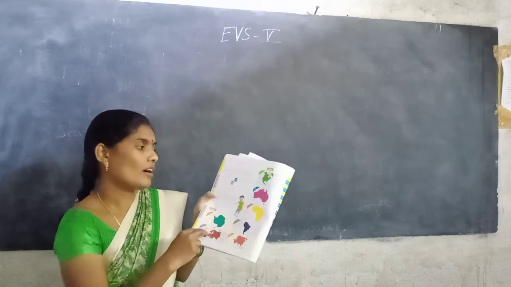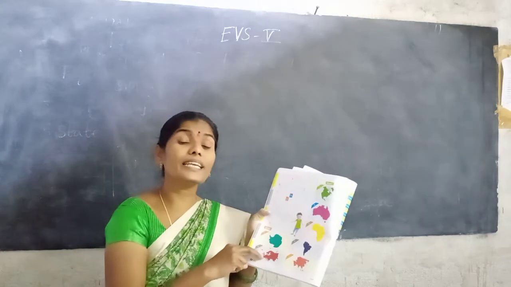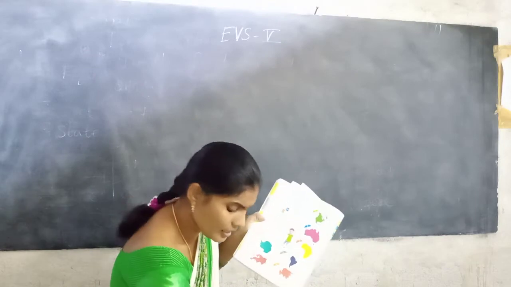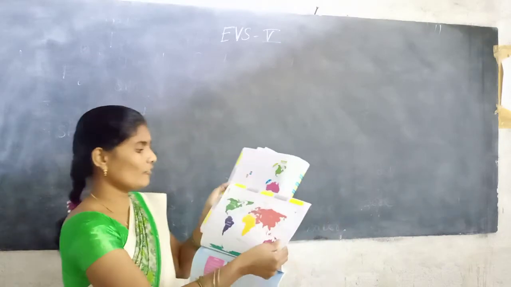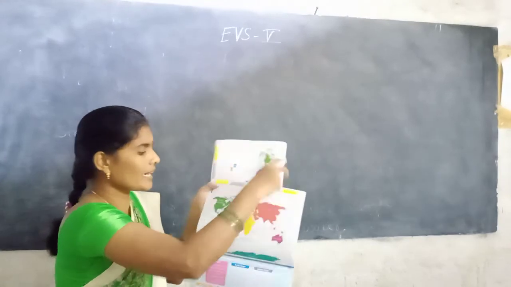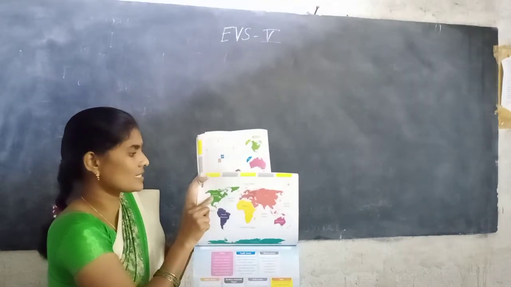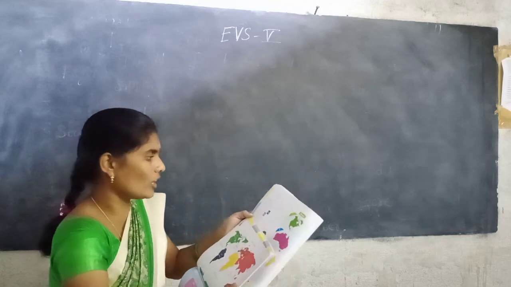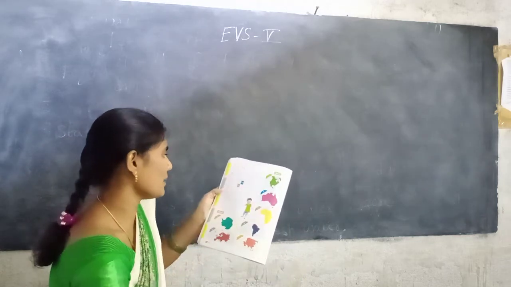First one. What is the continent in green color? In our course book, which continent is located with the green color? This is North America. Write down, Down: North America.